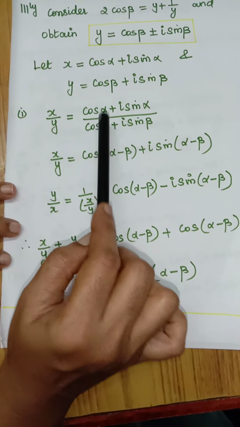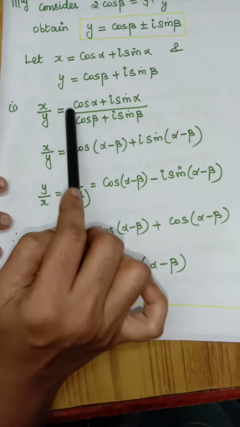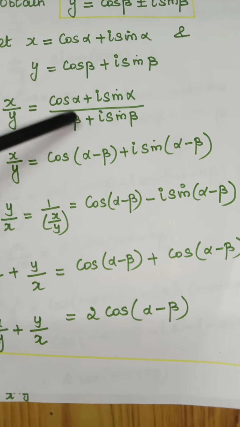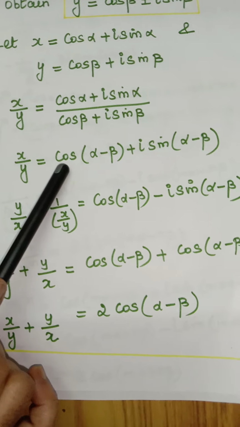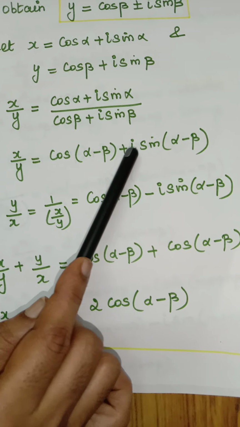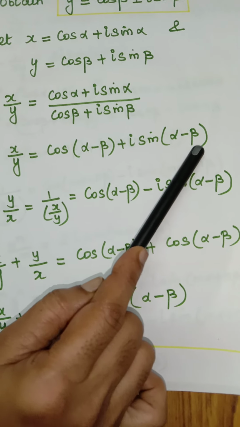Have you remembered the properties of polar form? So see that cos theta plus i sin theta, and here also cos theta plus i sin theta. If they are in division, what you have to do? You have to subtract the angle. So your answer is cos of alpha minus beta plus i sin of alpha minus beta.